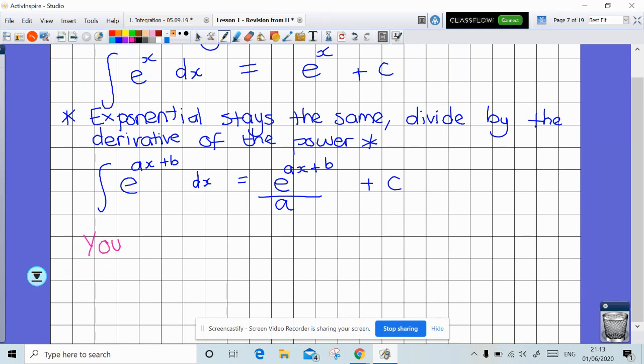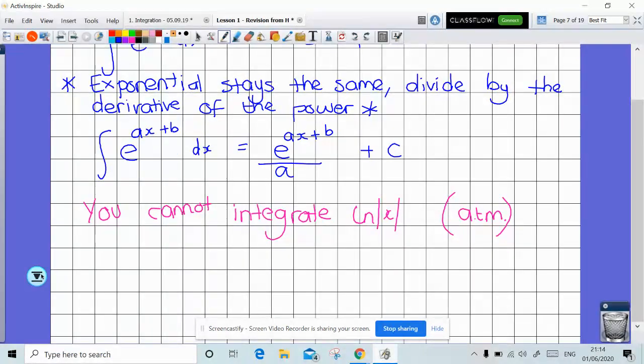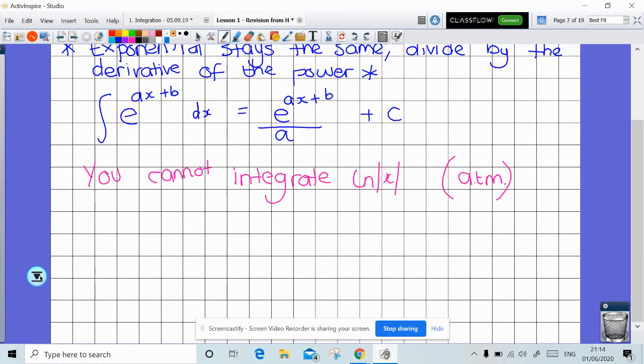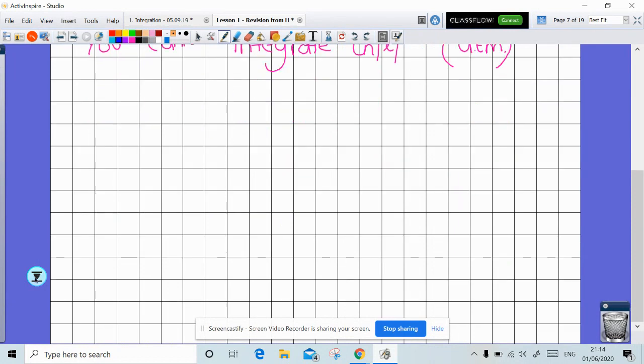So I'm just going to write in here, you cannot integrate ln x, just going to put that in modulus signs here, in brackets, at the minute. So we'll learn that in further integration, which is unit 2.